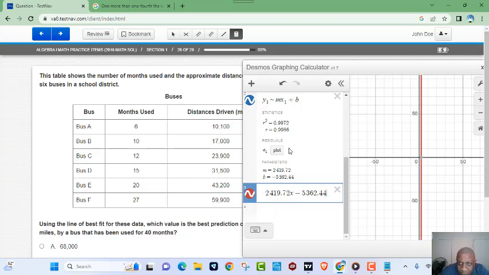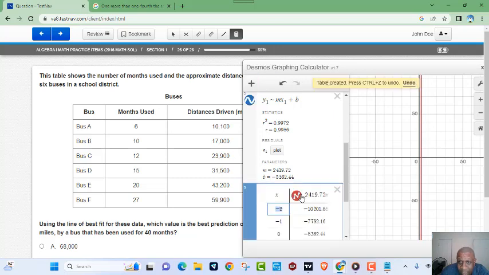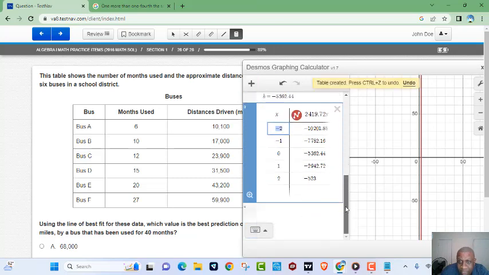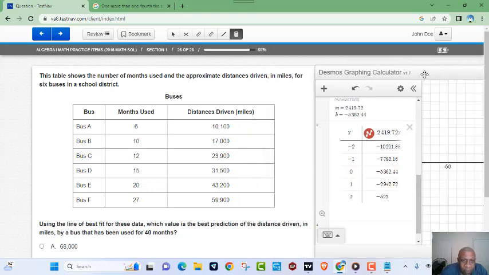And then we hit our gear icon and then our table icon. And then we come down off of our line of best fit, and it wants to know, let me show you right here, which value is the best prediction of the distance driven in miles by a bus that has been used for 40 months.